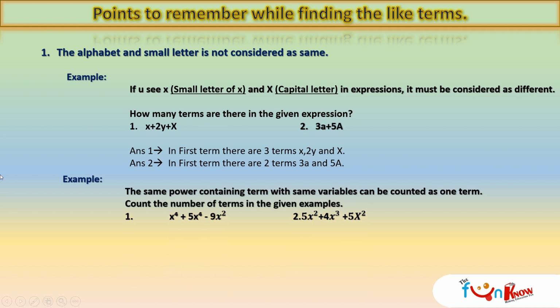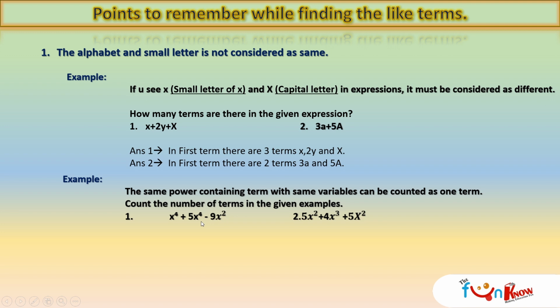Here the expression is x raised to 4 plus 5x raised to 4 minus 9x square. If you can see, students, in x raised to 4 and 5x raised to 4, x is a variable and 4 is the power. As you can see here, variable and power are the same. Basically these two terms have the same variable and the same power.